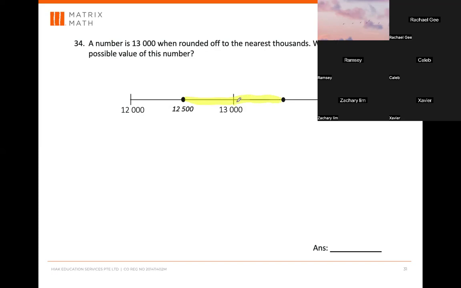Same as here as well. So you want to find the greatest possible value. If you write down 13,500, your answer is wrong. Why? Because 13,500 will give you 14,000 when rounding off to the nearest thousand. So you should use 13,500 minus 1, so you'll get 13,499.